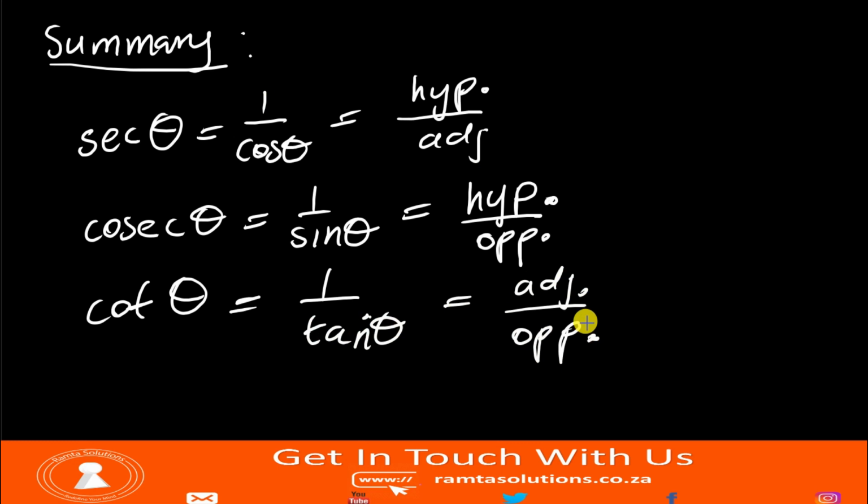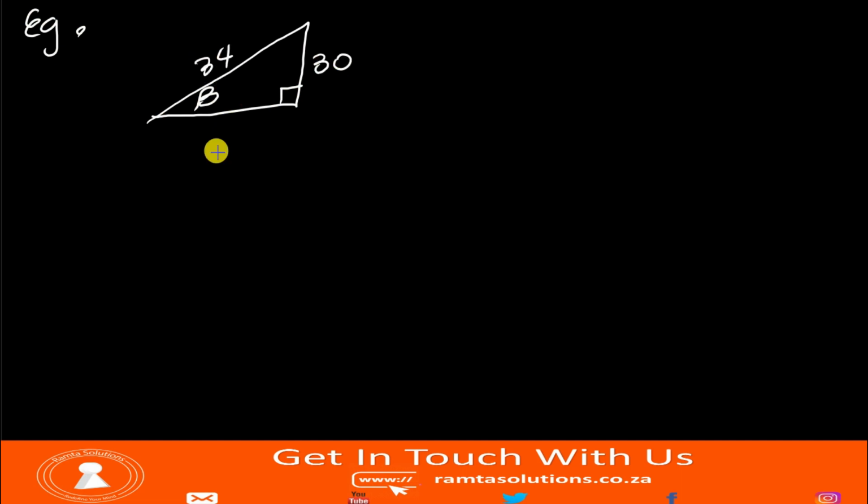Now let's try an example. Let's say we have this right angled triangle with beta here. This side is 30, this side here is 34, and this one here is 16.